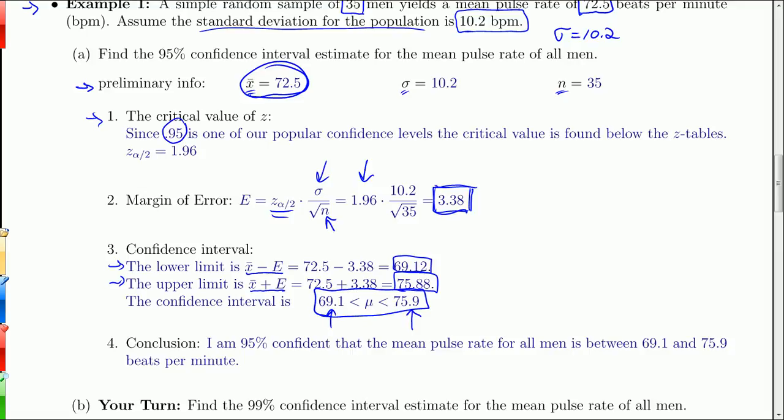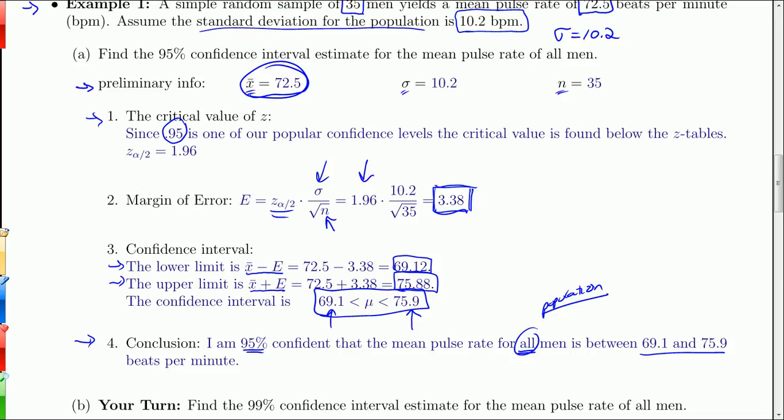You get all done with that, and you may wonder, what have I done? I've followed all the rules. The concluding statement is very important: I am 95% confident that the mean pulse rate for all men, the population of all men, is between 69.1 and 75.9 beats per minute. So that's what we have done.